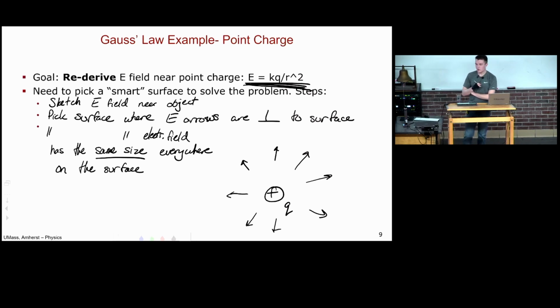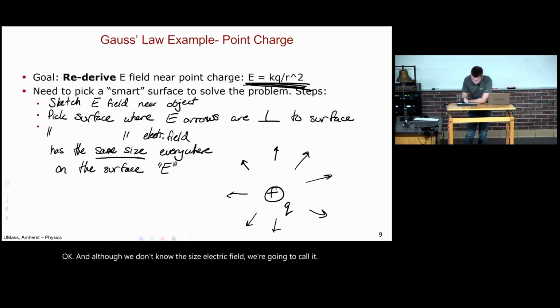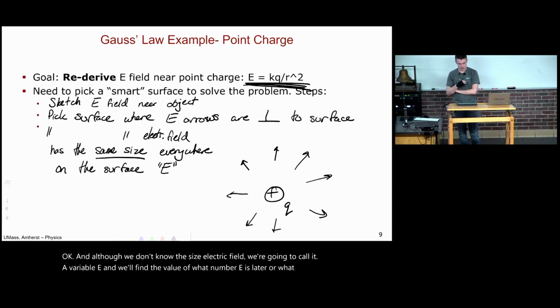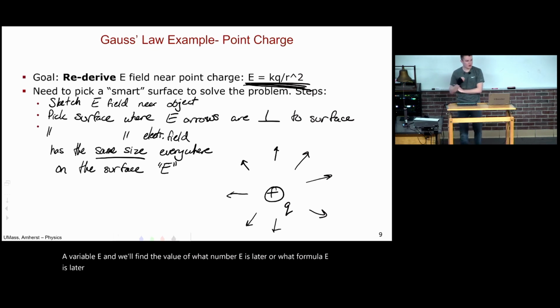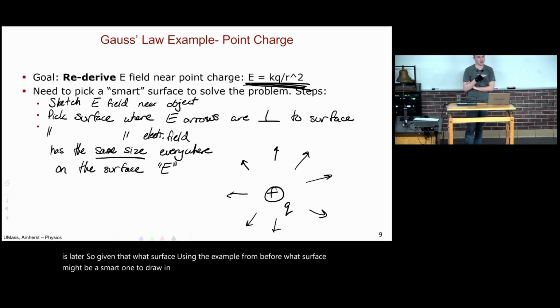Although we don't know the size of the electric field, we're going to call it a variable E, and we'll find what formula E is later. So given that, using the example from before, what surface might be a smart one to draw in 3D around a point charge? Yeah, like a spherical shell.